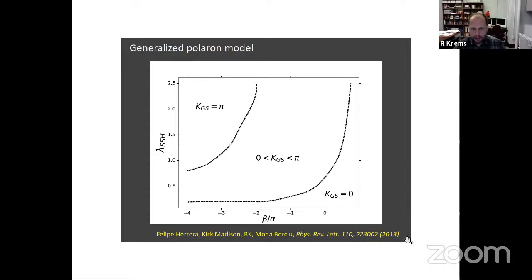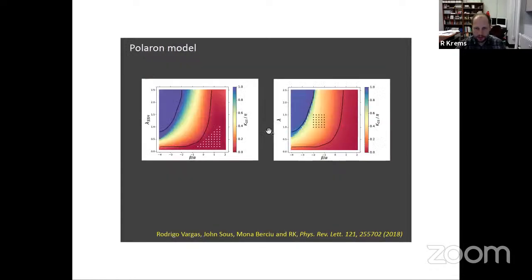So what we wanted to see in this study is whether you can build a model that would take the properties of the polarons in one of those phases and then predict the locations of these phase transitions, as well as the properties of the polarons in the other phases. So this is what we find. Again, the dashed lines are the results of the calculations that we did back in 2013.